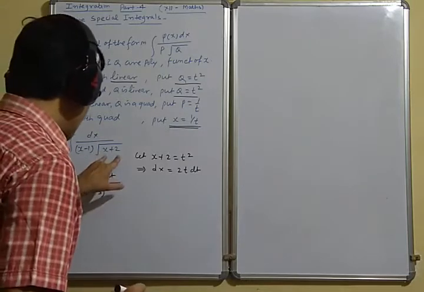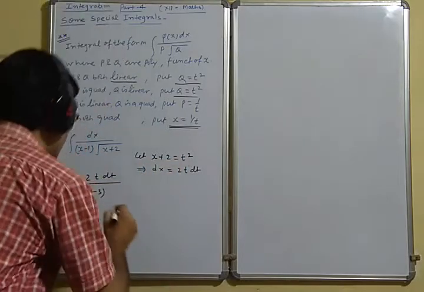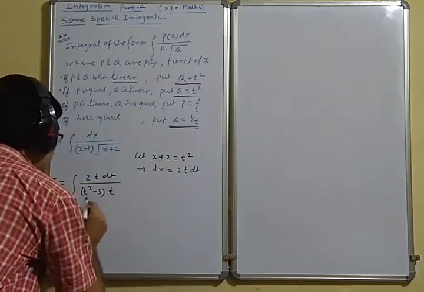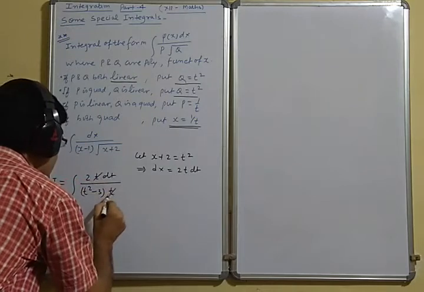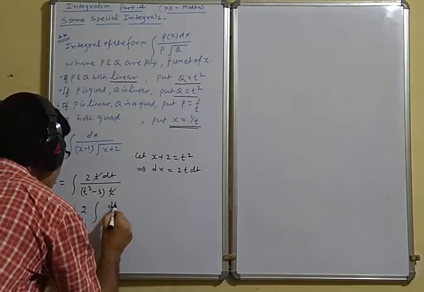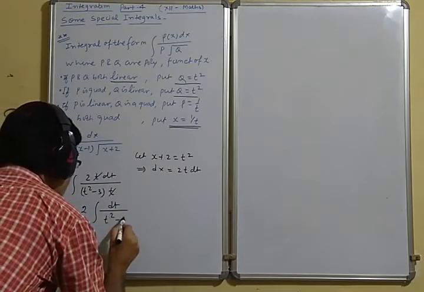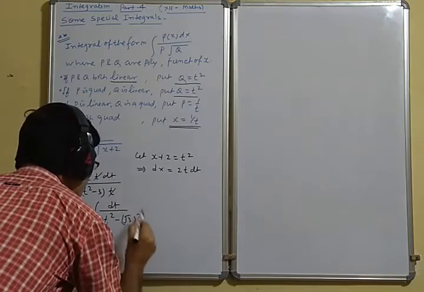Now under root x plus 2 becomes t. So t cancels out, and this is 2 integration dt upon t square minus (root 3) whole square.